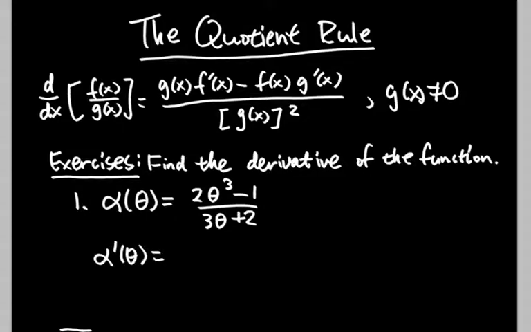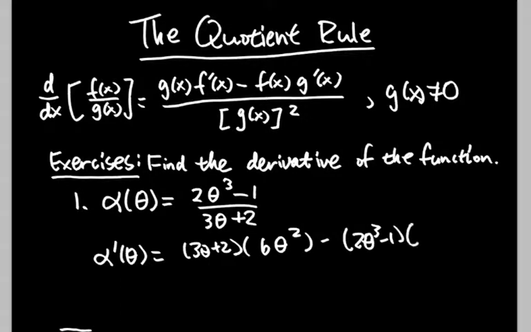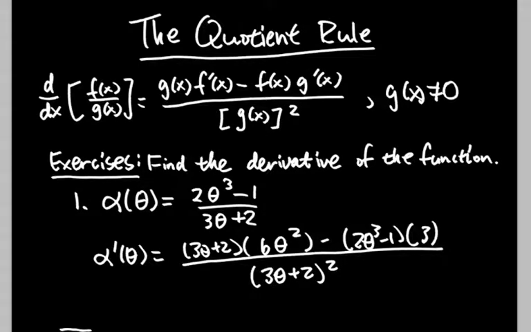Alpha prime of theta equals, so bottom times the derivative of the top minus top times the derivative of the bottom all divided by the bottom squared.